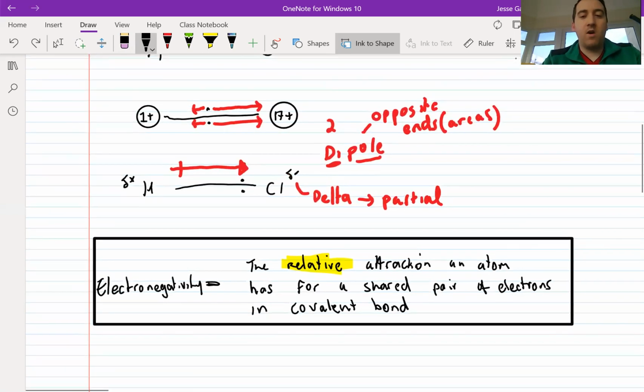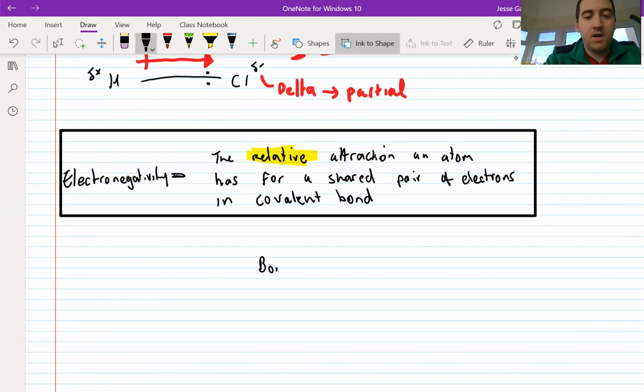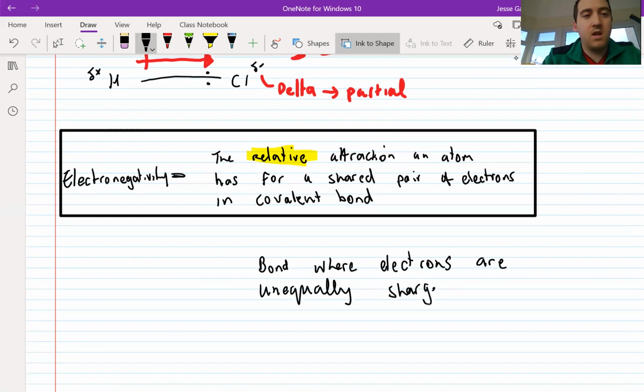Okay, and when we have a dipole, what we have is a bond where electrons are unequally shared. They spend more time closer to one atom, which is the more electronegative atom, than the other atom, which is the less electronegative atom.